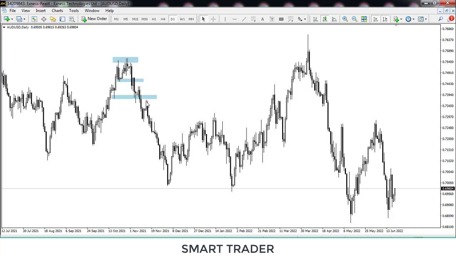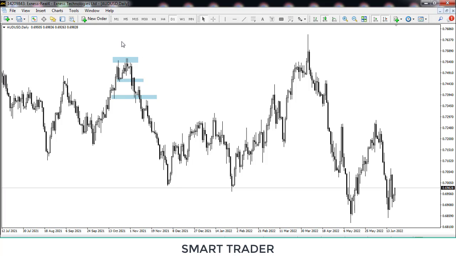You can see when price is at resistance, price reversed. This is a downtrend, right? And you can count its high, low, high, high, low, low, low, high, right?